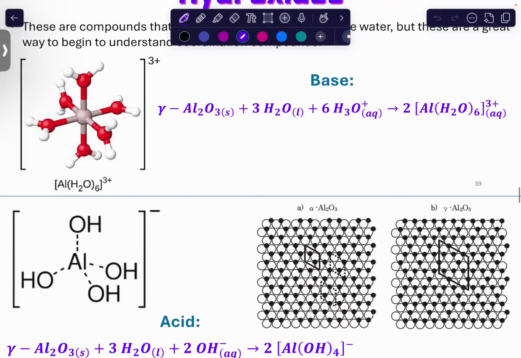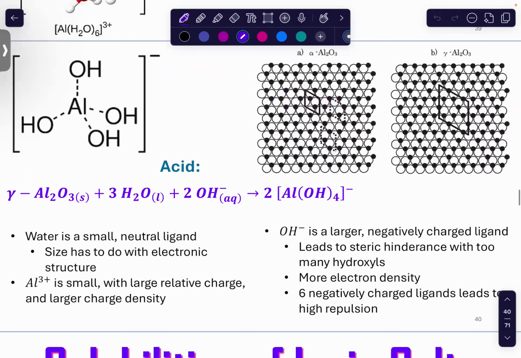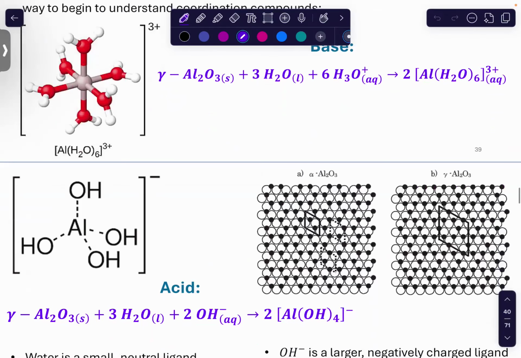Versus an acid, where you have your aluminum oxide and it's neutralizing hydroxides. Now, interesting thing here, this is like your first foray into coordination chemistry, so we're getting there towards the end of this chapter. You see how we go from a 6-coordinate environment to a 4-coordinate environment.